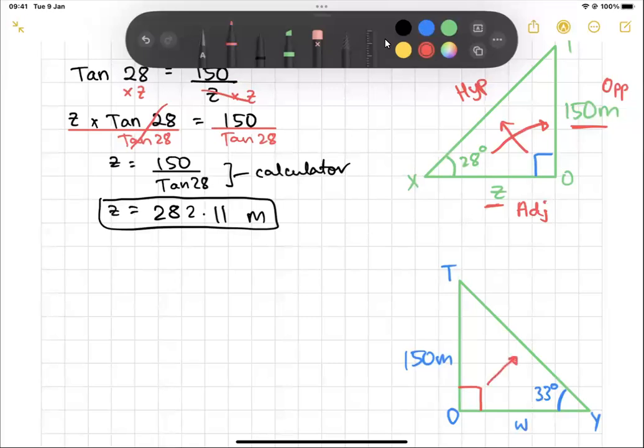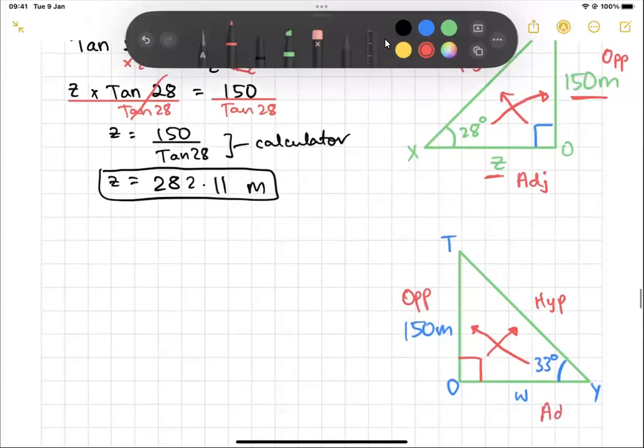Using SOHCAHTOA, the opposite of the right angle is the hypotenuse. The opposite of the angle is called the opposite side. And the lucky last is the adjacent. This seems exactly the same as our first right angle triangle, meaning that we use tan.